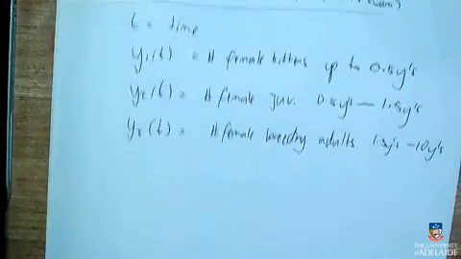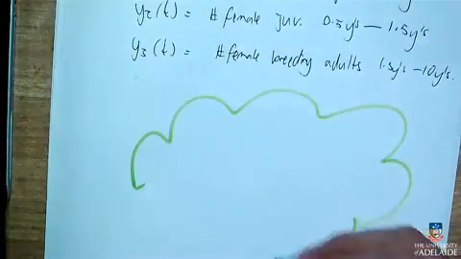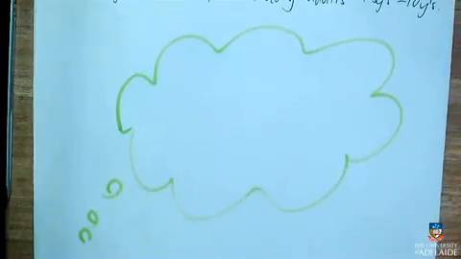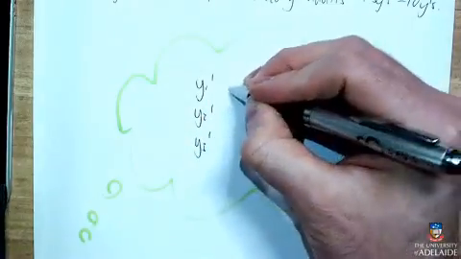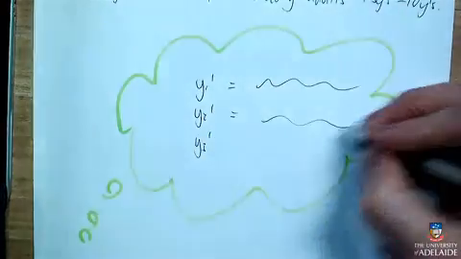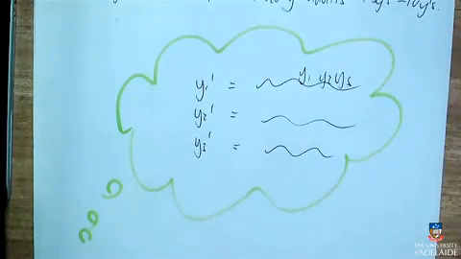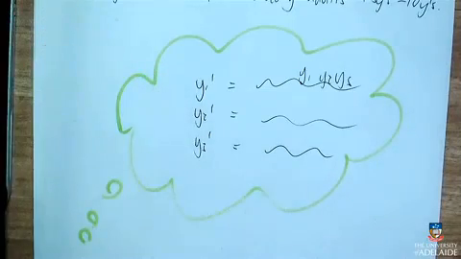I'm thinking that our goal is to go y1 dashed, y2 dashed, y3 dashed equals stuff involving y1 and y2 and y3. That's what I'm trying to achieve here. Okay, that's good to know.